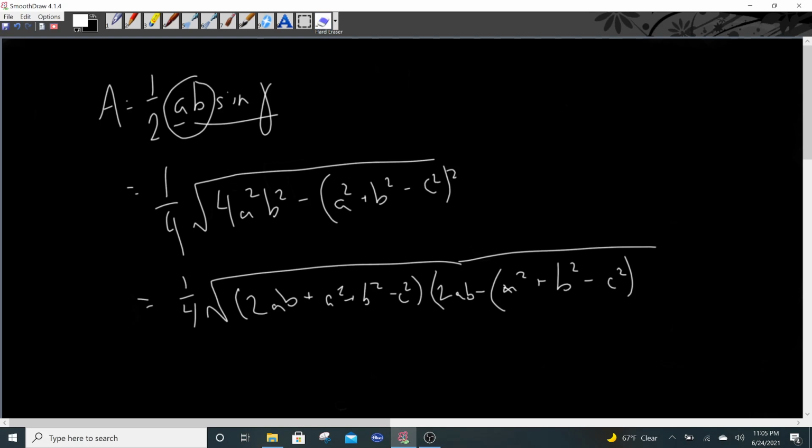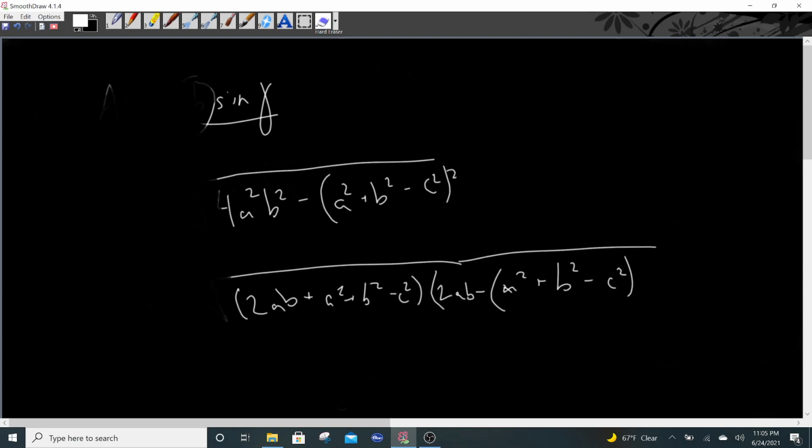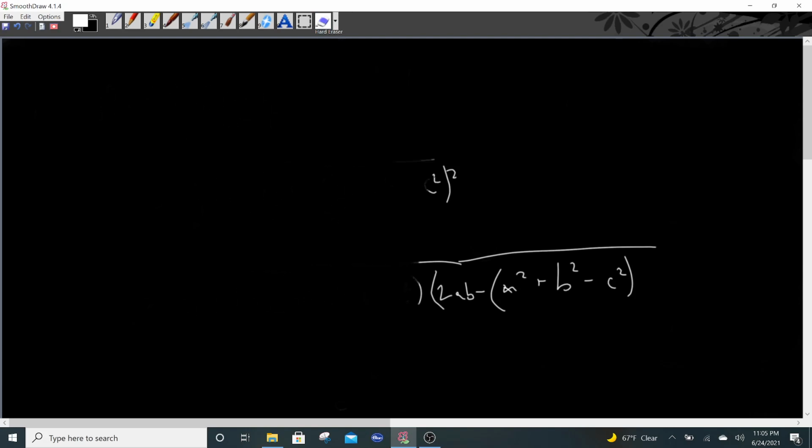Okay. And I'm actually just going to rewrite that in a slightly different fashion so that you see what we can do. If you notice, we had a 2ab for both of our factors, and we also had an a squared and a b squared. With an a squared, a b squared, and a 2ab, you can do quite a few things, but right now we're going to do squares. So I'm going to rearrange our previous step.